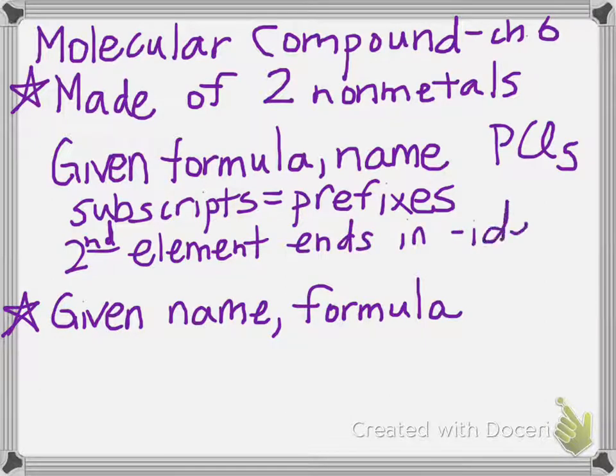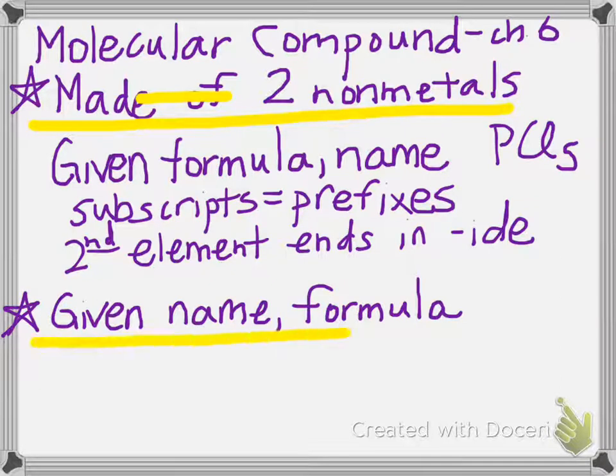You won't be doing this a whole lot, okay? That's why I have this highlighted right here, because this is pretty important. You won't very often have to be given the formula and asked to write the name.